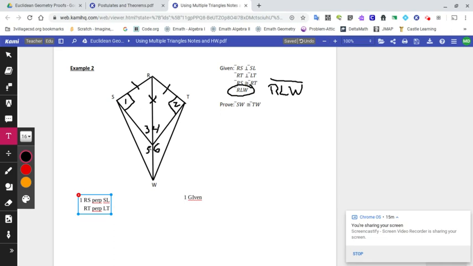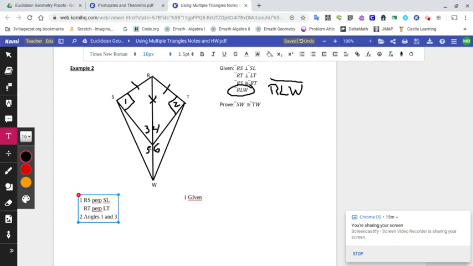Now, since I'm going to use hypotenuse leg, I just need to say that angles 1 and 2 are right angles. That is 2, by definition of perpendicular.